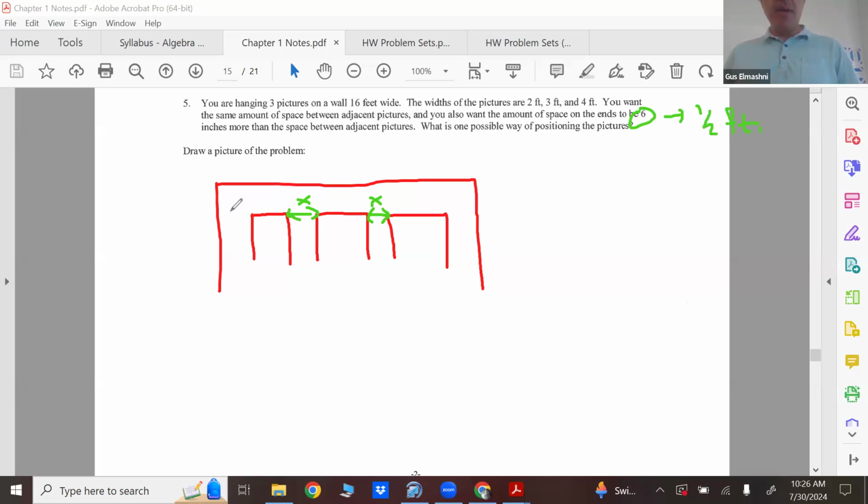So you're gonna write this as x plus half. Then each of these here, that's 2, 3, and 4. And the whole thing is 16 feet, right?